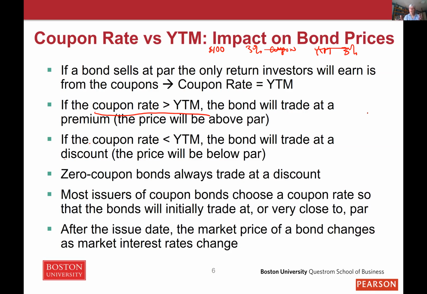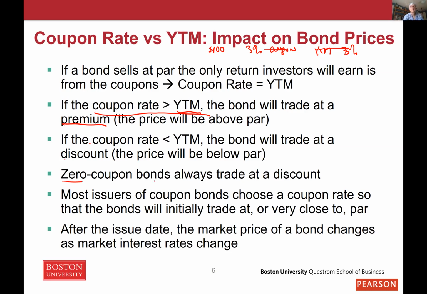Think about supply and demand. As the price goes up, the yield's going to go down, and that keeps happening until the yield gets to the market yield. So if the coupon rate is above the yield to maturity, it's going to trade at a premium. The price is going to be above the face value.